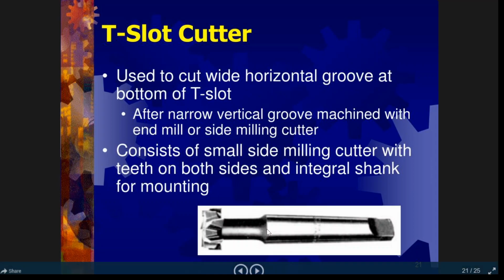You can see this is the shank holder, and this is the cutter. Normally this is a small diameter cutter, with cutting edges on both its periphery as well as the end or face of the cutter. This is widely used for machining small pockets, grooves, etc.